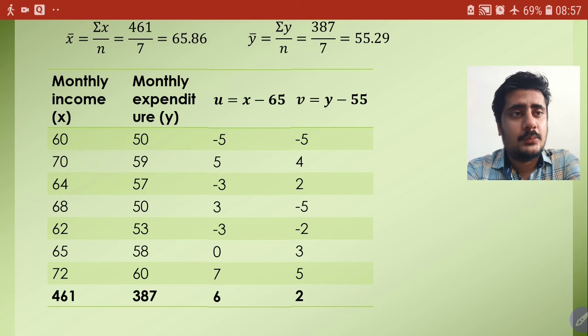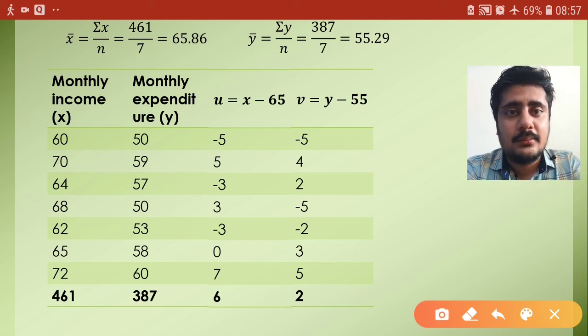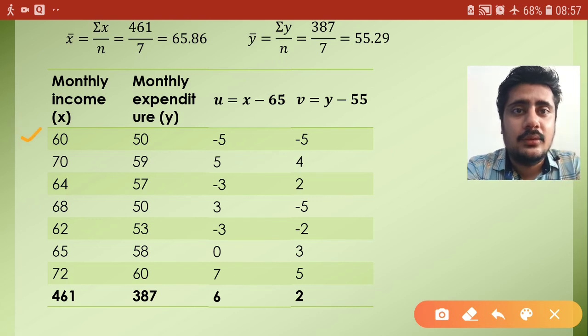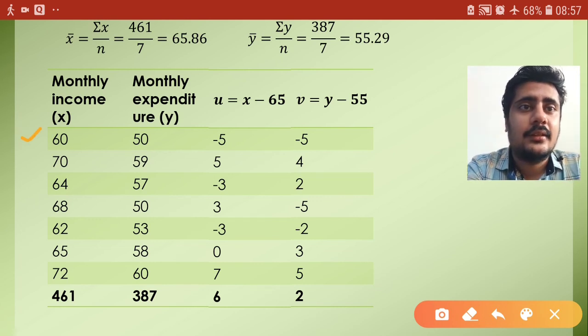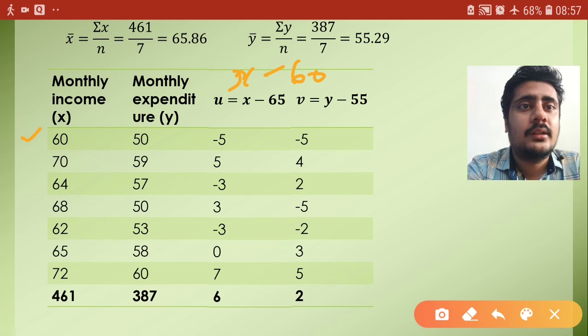Some students take the smallest number. Like in x, the smallest number is 62 or 60. So they subtract 60 from this and find the column of u as x minus 60. Why so, sir? If you subtract the smallest digit, then every digit will be positive.